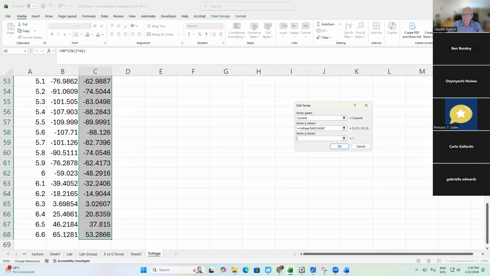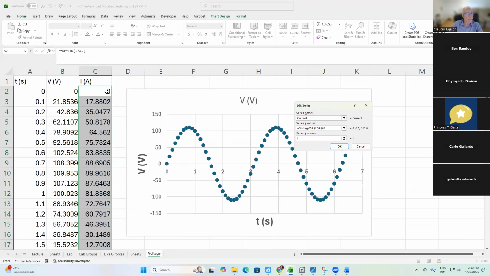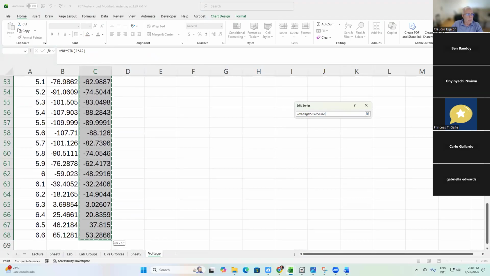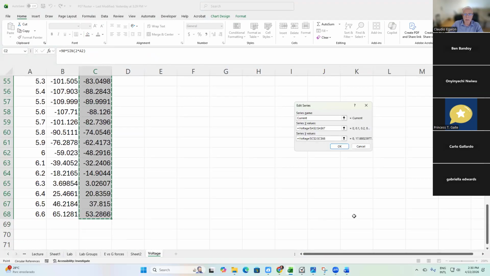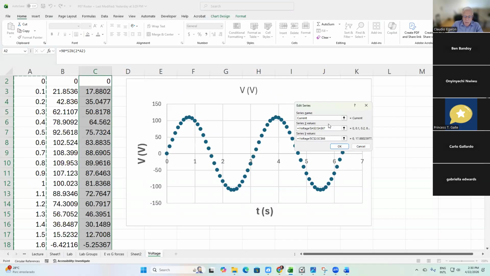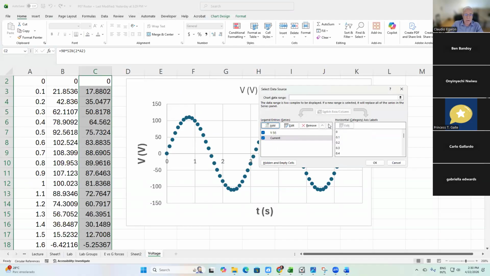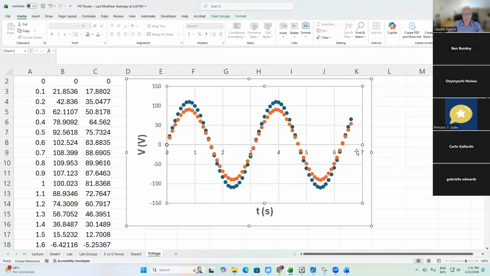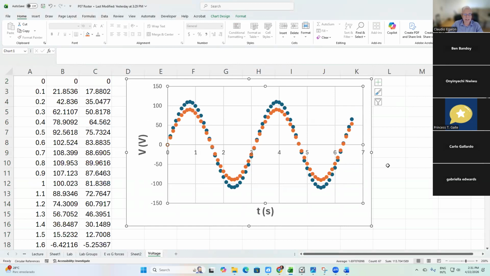And then I'm going to do that for the Y values. Everything here. I'm going to go to 68. And then we are going to have, oh, what happened? What a shame. Oh, here you go. We got it.